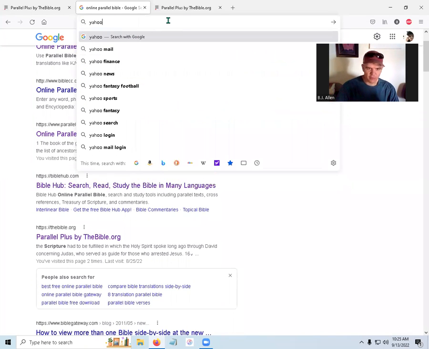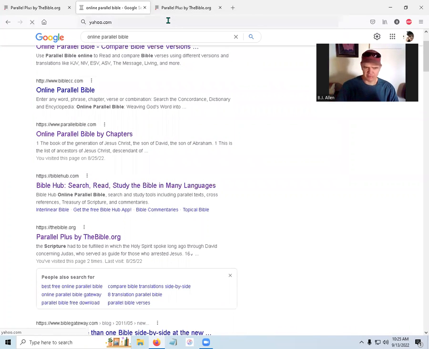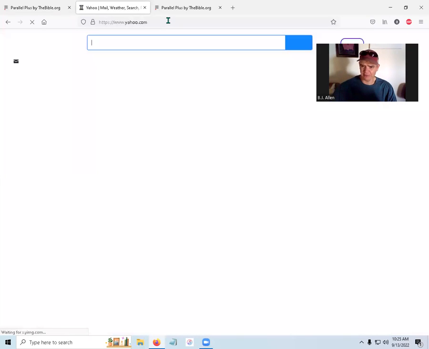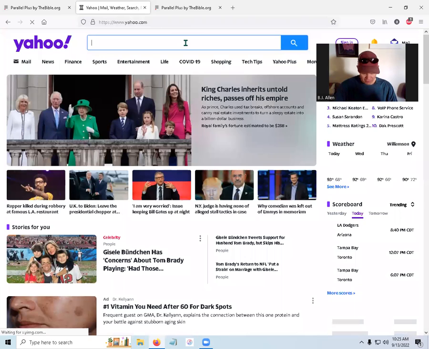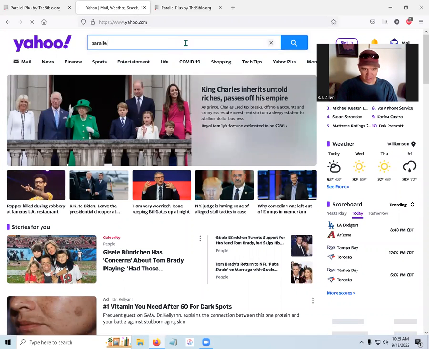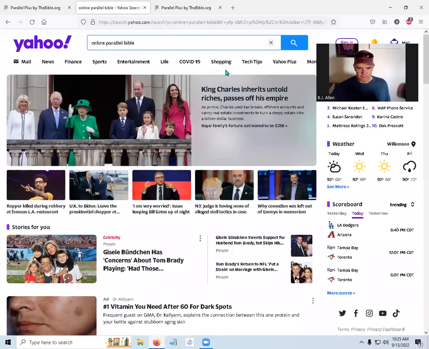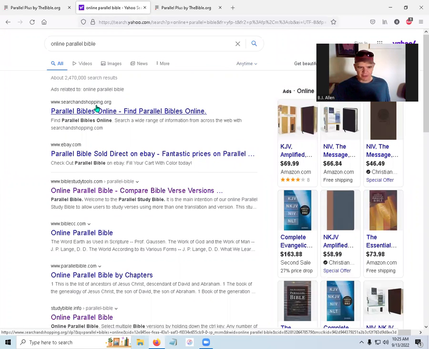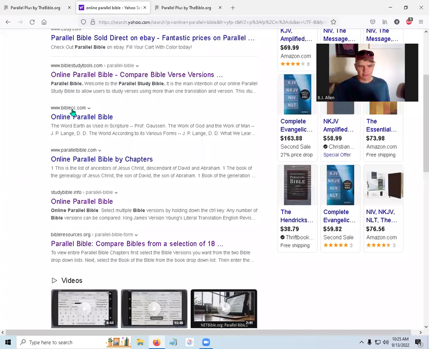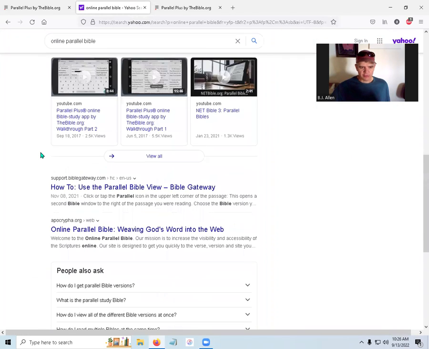What if we look it up on yahoo.com search? Does anybody use that? I don't know. How do you spell parallel? Parallel, by online. Let's see. Search and shopping, search eBay. What? Okay, we'll go down. Bible CC, Parallel Bible, Study Info, BibleSources.org, compare Bibles from a selection of 18. Bible Study Tools. Huh.